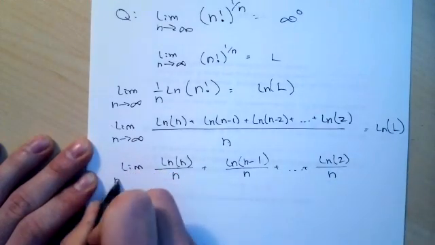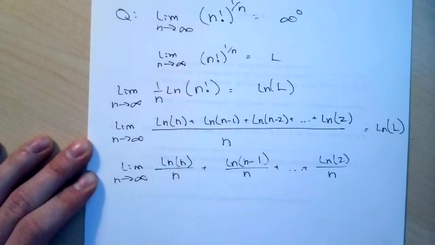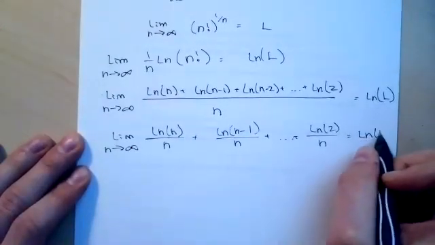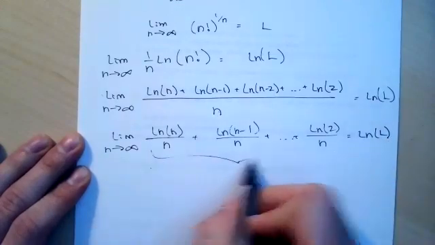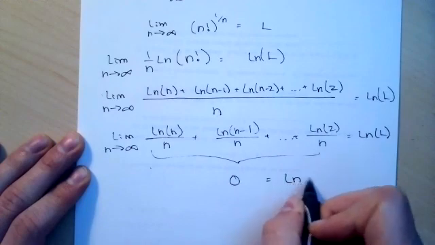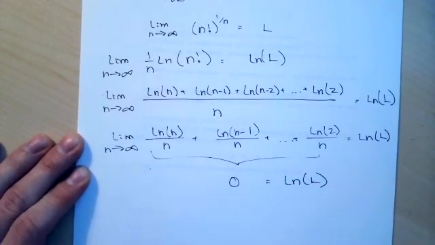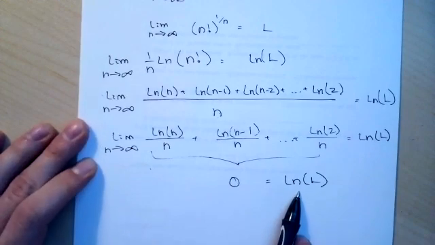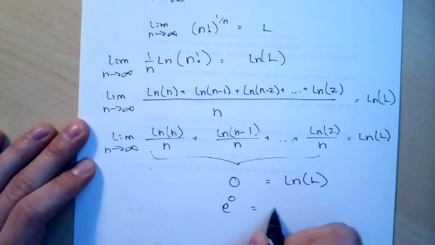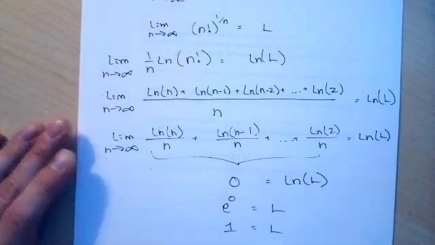When I compute this limit as n goes to infinity, all of those terms are 0. Which means the original limit we did is 1.